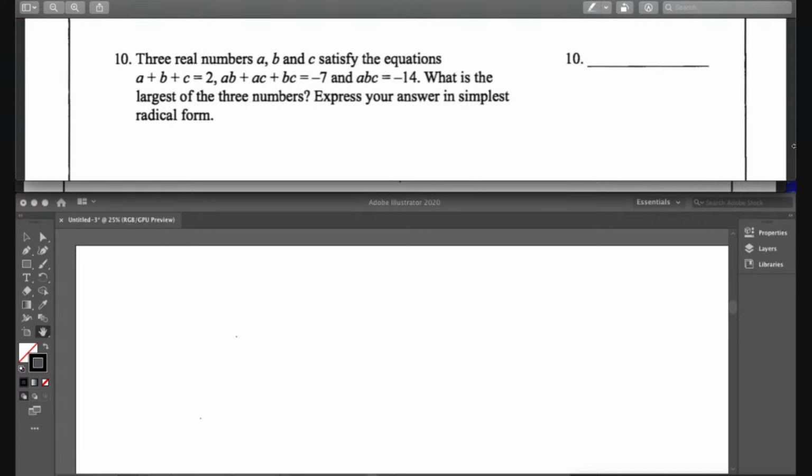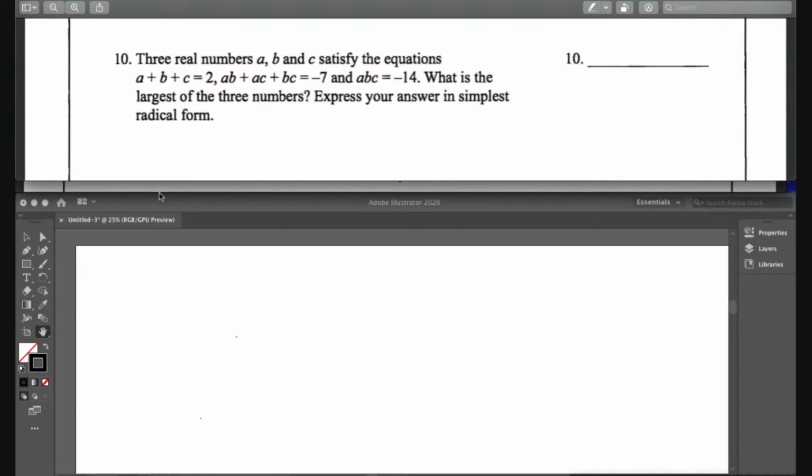Vieta's on this problem isn't very hard because all of the values for Vieta's are already given to you, so there's not much you have to do to make this into a cubic function.